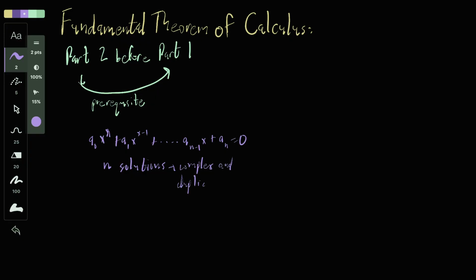Which basically means if there are any repeated roots, like if we had x squared plus 2x plus 1 equal to 0, it technically has one root, but according to the fundamental theorem of algebra, it has two because this is a repeated root.